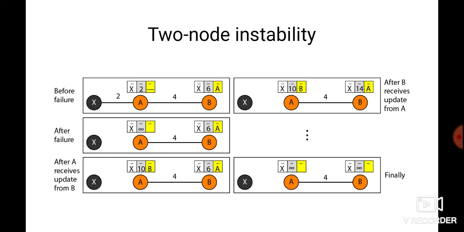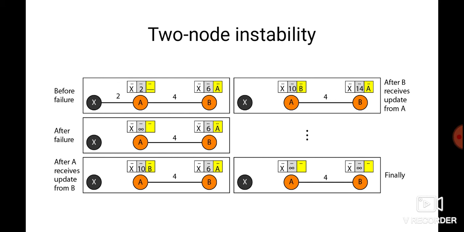However, if the system becomes unstable, if B sends its routing table to A before receiving A's routing table, that is, A has sent the table to B, but the table has not yet reached B, and in between B sends its table, then A will find that I cannot go to X, but there is some node B via which I can go to X. So A will update its table based upon B's routing table.